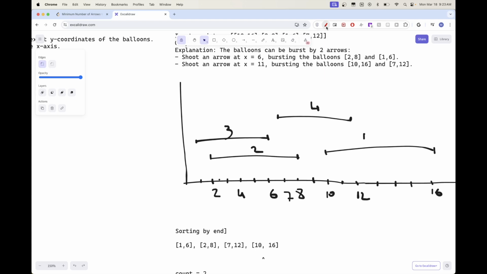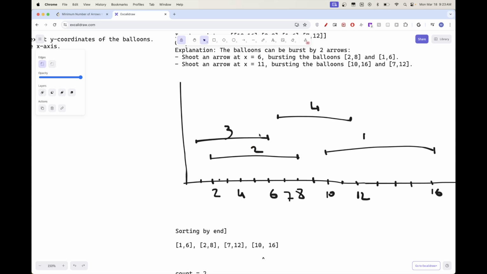So we can just use one arrow to touch the two in any intersection. Let's say, for example, we pick the last one and do an arrow like this. This will burst both. We don't need two arrows. We could do one here and one here, but this is useless. We can do it with just one like this.